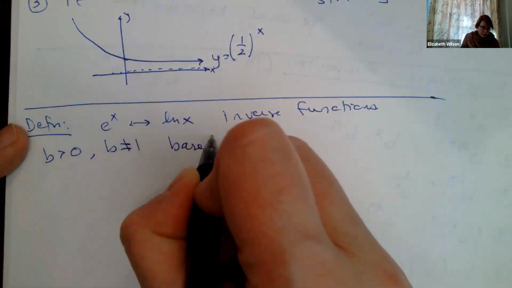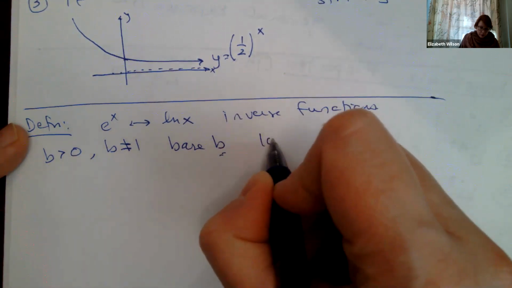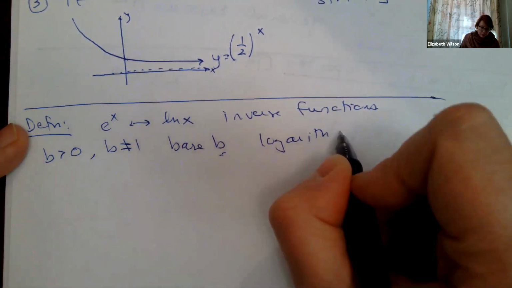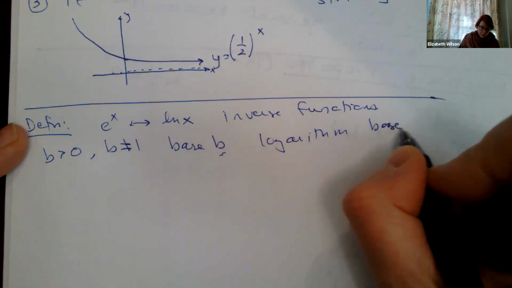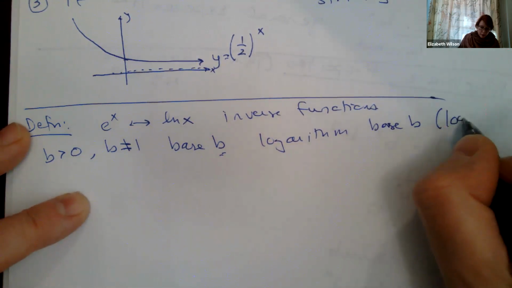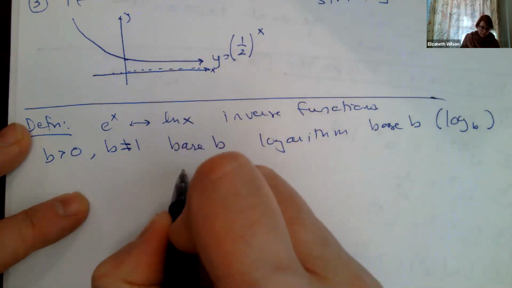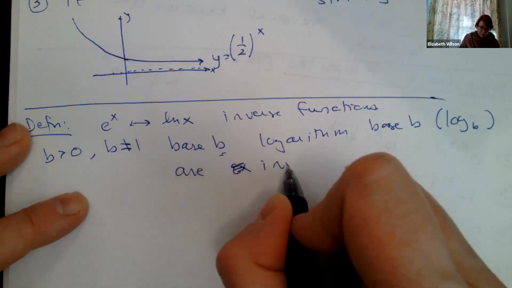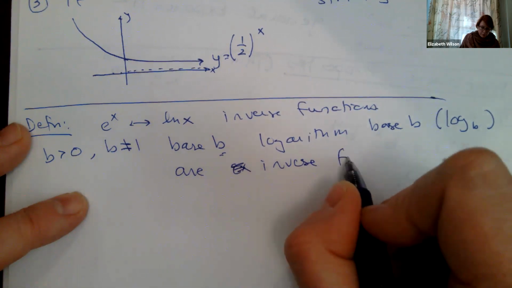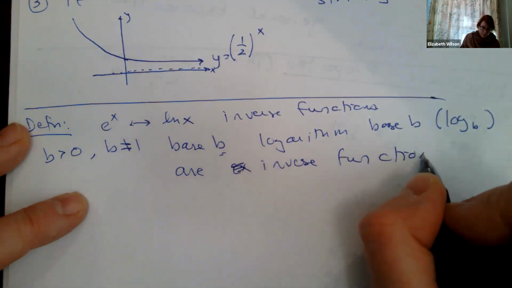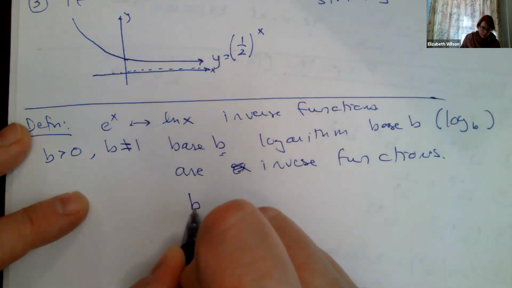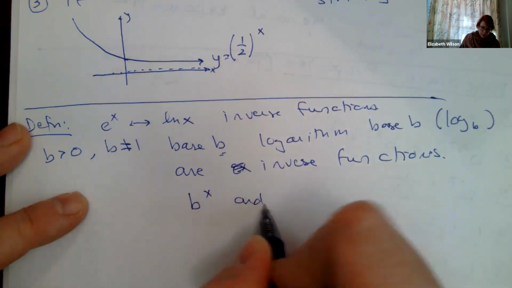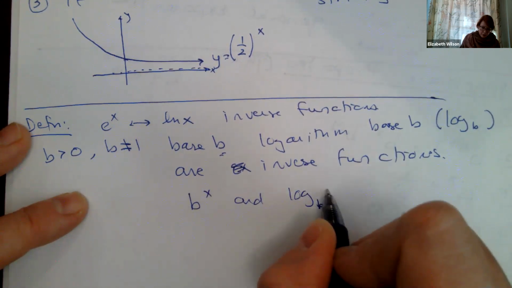So base b exponentials and logarithms base b, which is written like log base b, are inverse functions of each other. So I would say b to the x and log base b of x are inverses.